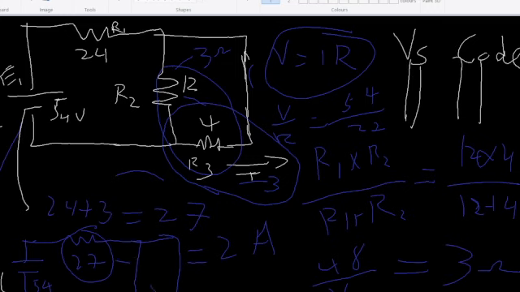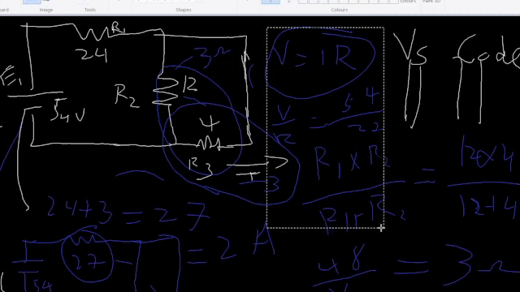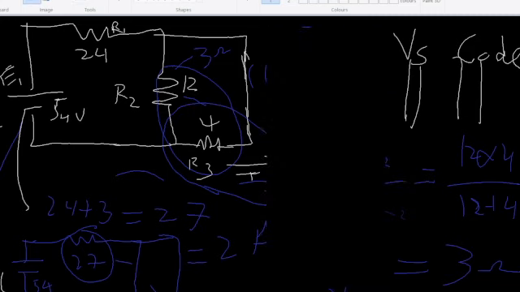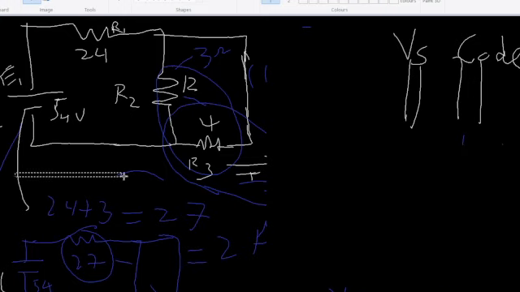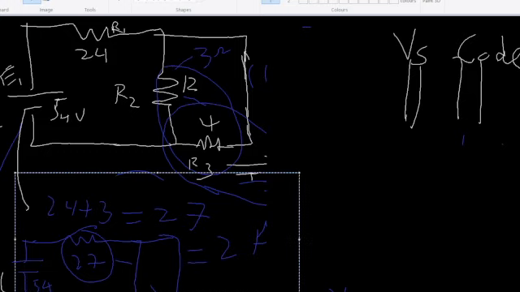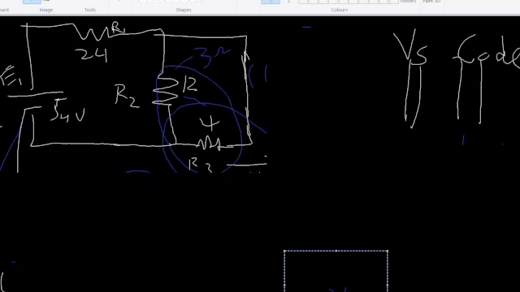So I'm going to clean off all of this that's obstructing the screen, and write down the 2 amperes here for that 27.